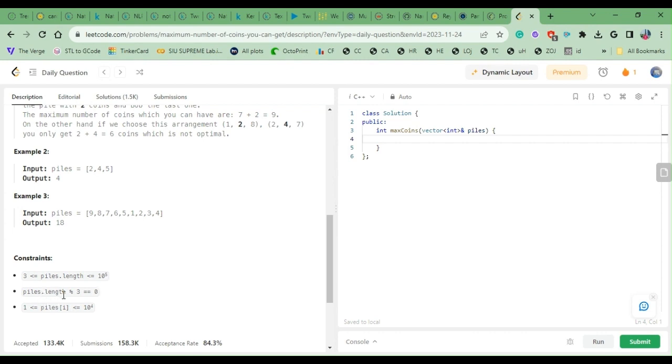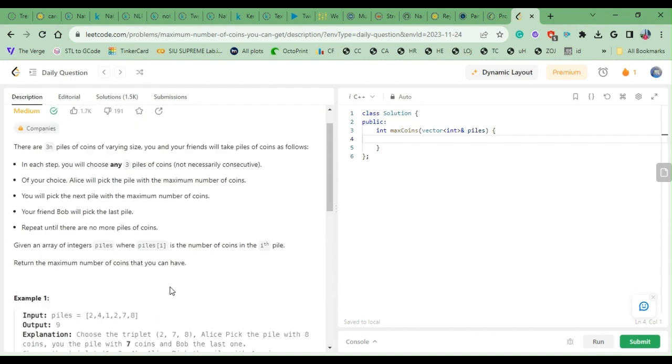And the piles' length divided by 3 has remainder 0, that means the length is divisible by 3. And the number of coins in each pile will be between 1 and 10 to the power 4.